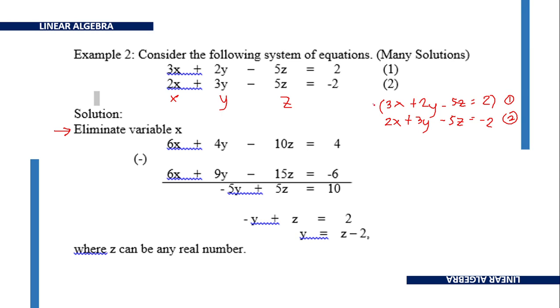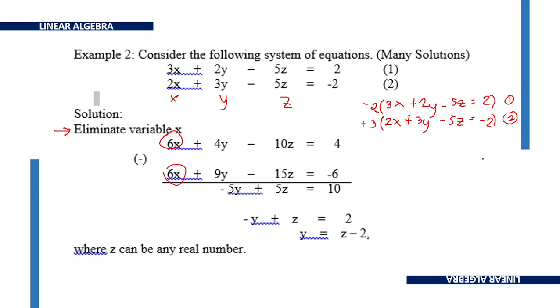I will multiply this one by negative 2, and this one by positive 3. Why did I multiply both? Because when I multiply negative 2 by 3x, it becomes negative 6x. Then here, when I multiply 3 by 2x, it becomes 6x. So they can cancel, just like what we have here.